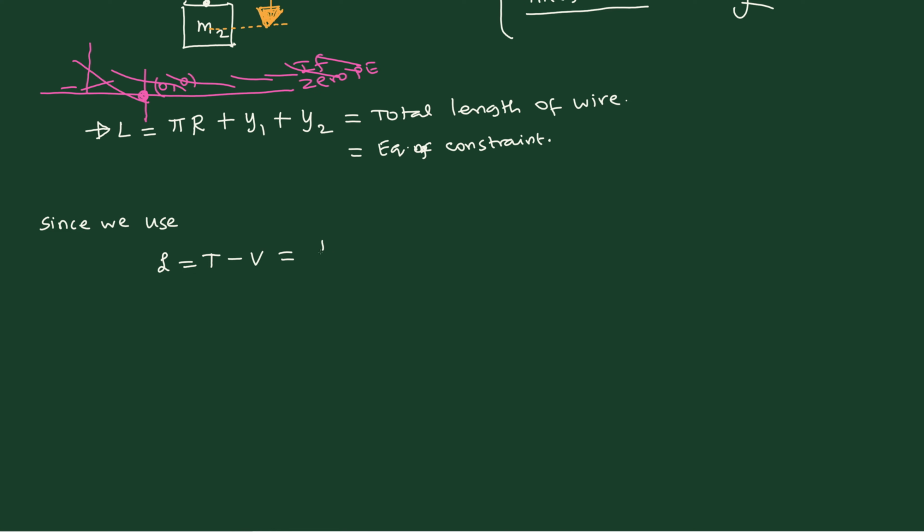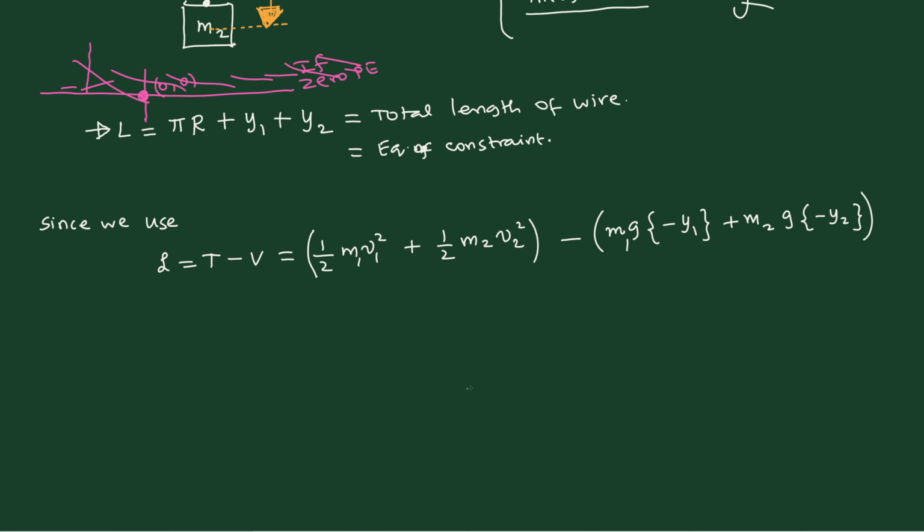Let us write down that this will be equal to half m1 into the velocity of the first mass squared, plus half the mass of the second mass into v2 square. That will be the kinetic energy part. Then minus the potential energy part, which will be m1 into g into, now here you will have to substitute minus y1, then plus the second mass m2 into g into minus y2. That's what we will be writing.